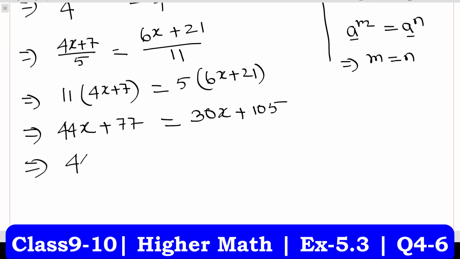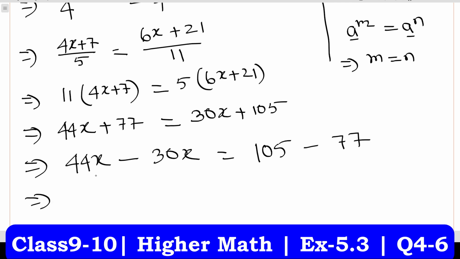So here is 44x minus 30x and 105 minus 77. So 44x minus 30x, it means 14x. And here 15 minus 7 is 8, carry 1, 10 minus 8 will be 2.